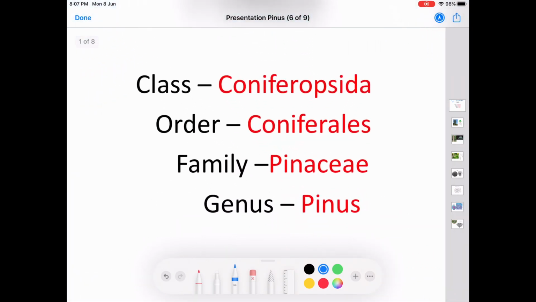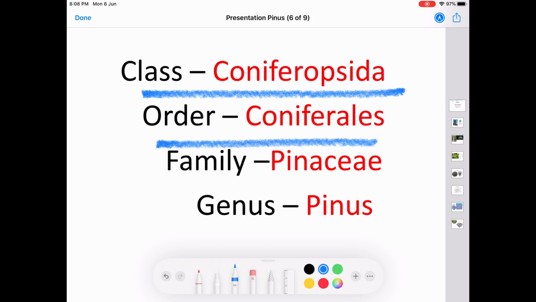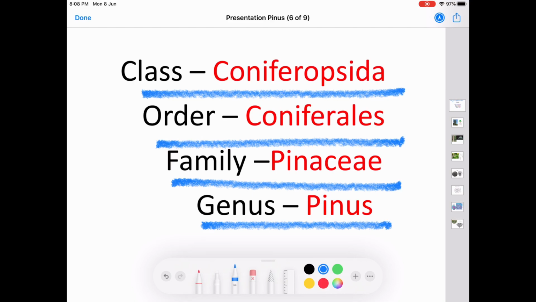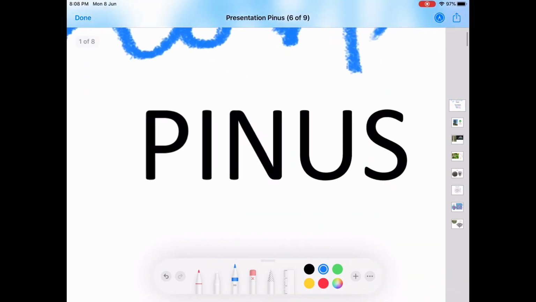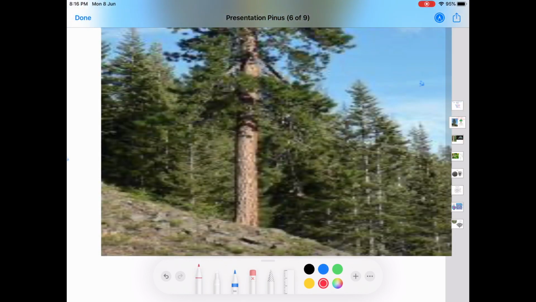The classification is class Coniferopsida, order Coniferales, family Pinaceae, genus Pinus. Pinus forms dense evergreen forest in temperate and subalpine regions of the world.